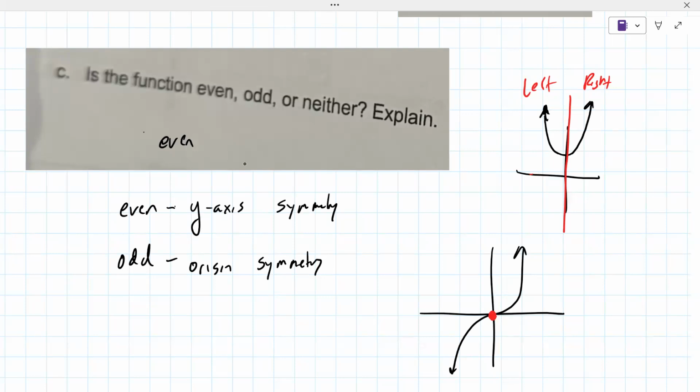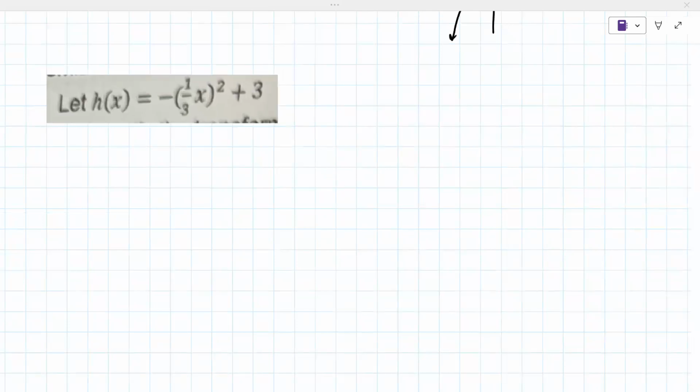Okay. So let's see if we can do number 3. I'm going to go back and grab the function. Okay. Right.